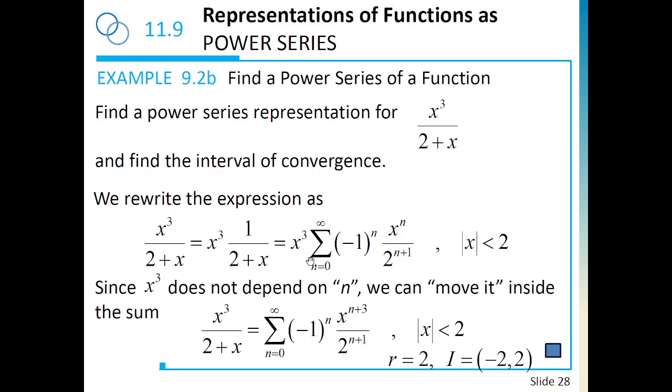So x cubed multiplies the expression of the series. Now, x cubed does not depend on n. So this is a series in n, so x cubed multiplies each term of the summation. So essentially, I multiply x cubed times x to power n. That's why I have x to power n plus 3.